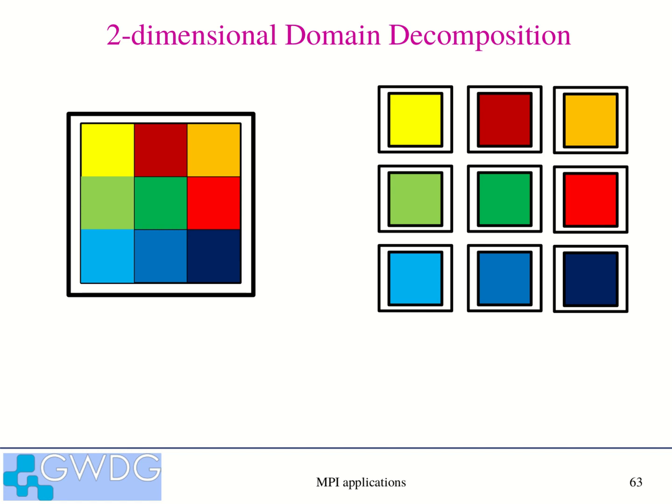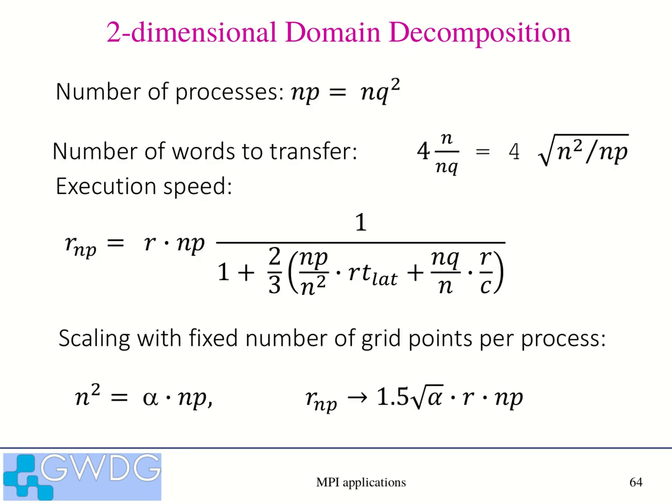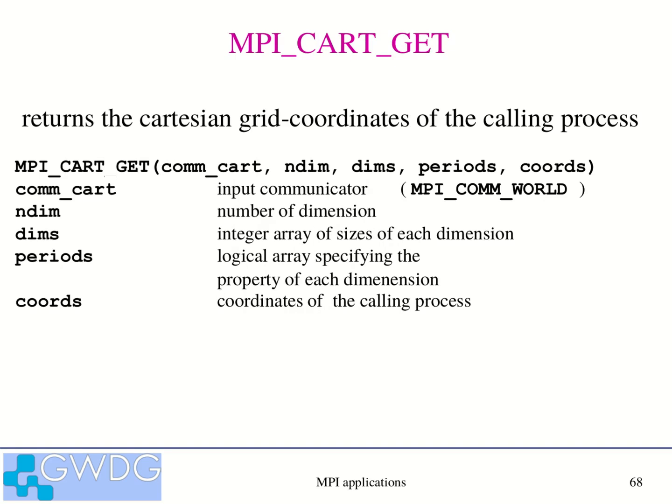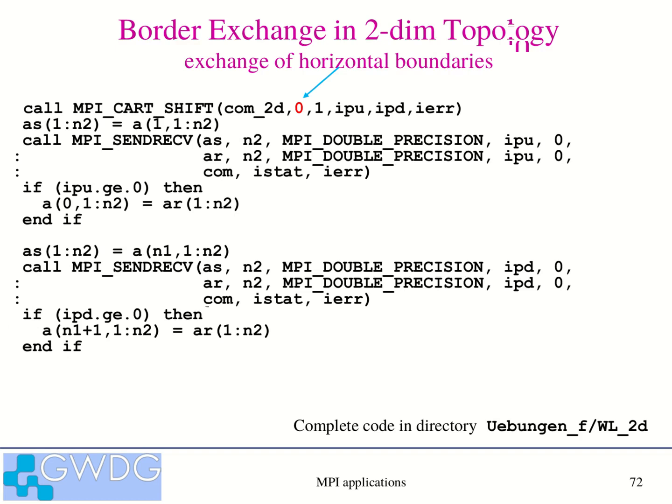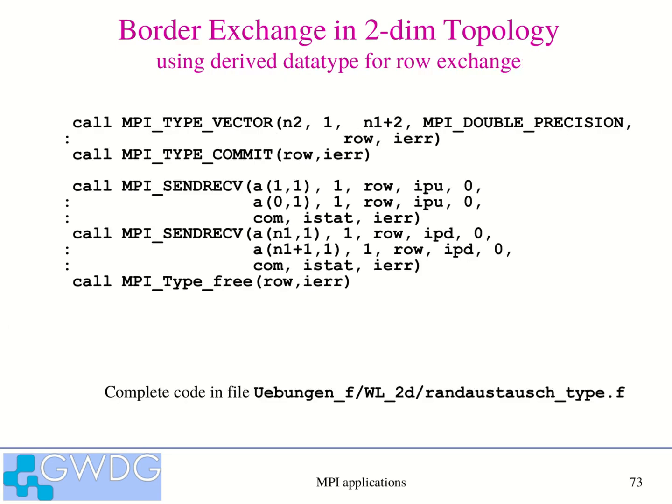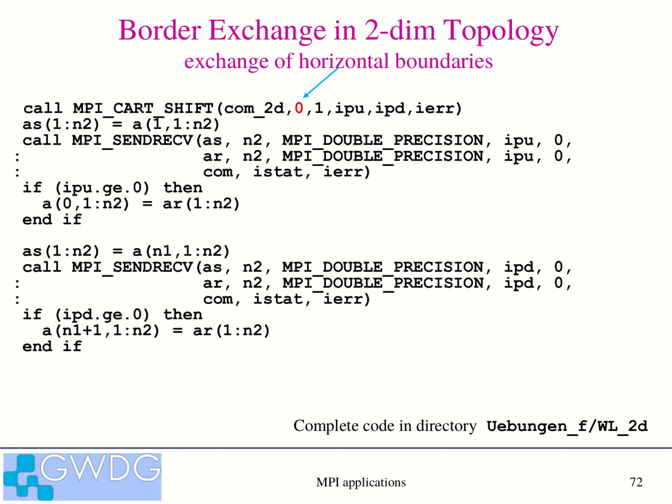You cannot directly transmit these horizontal boundary values to the halo of the neighboring process. Therefore, we have to copy them before transmitting. You have to copy them to a contiguous memory space, which is done in Fortran by this.